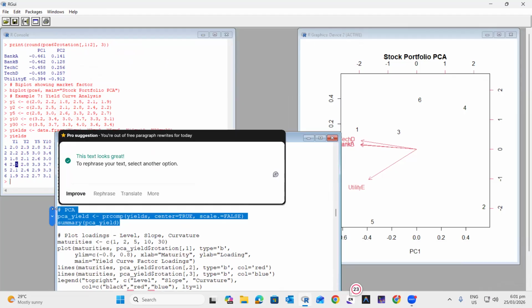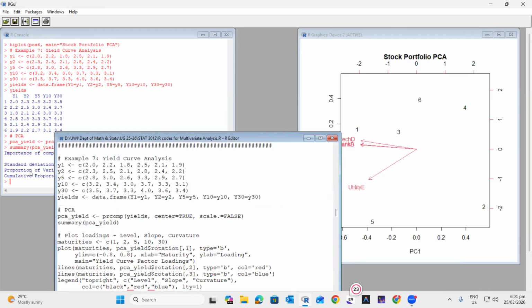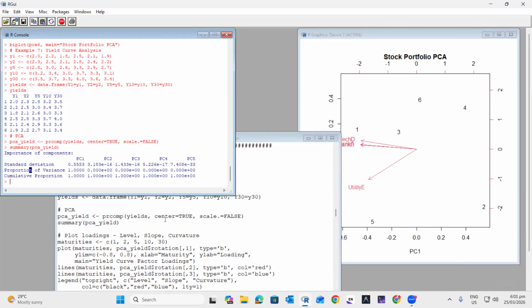Again, the results are like this. It means only PC1 has non-zero variance, that is 0.553 squared, which will be almost 0.3, and others are essentially zero.